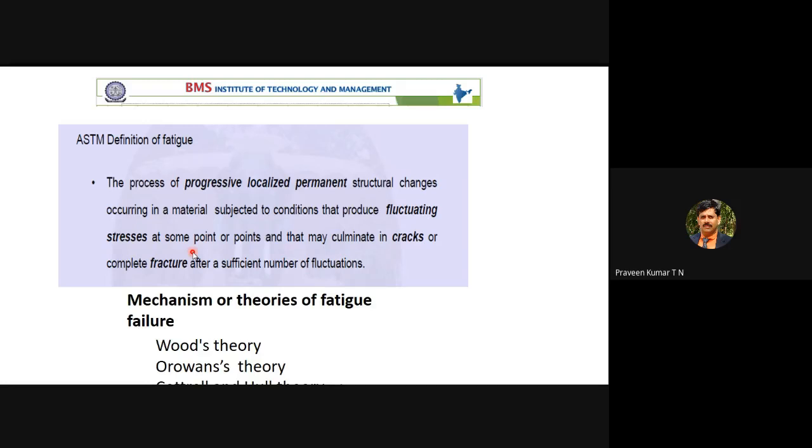That is the fluctuating stress or stress reversal at some point that may culminate in a crack or complete fracture after a sufficient number of fluctuations. Fluctuation means nothing but a counter. There is a counter which will find out how many rotations happened. Don't worry about the exact definition, but at least remember some terms. You can say fatigue only when the material is subjected to fluctuating stresses.